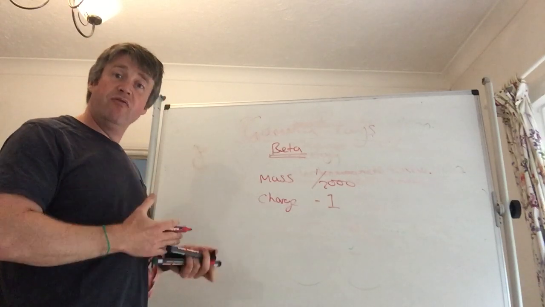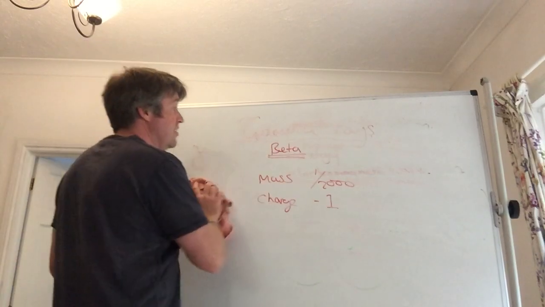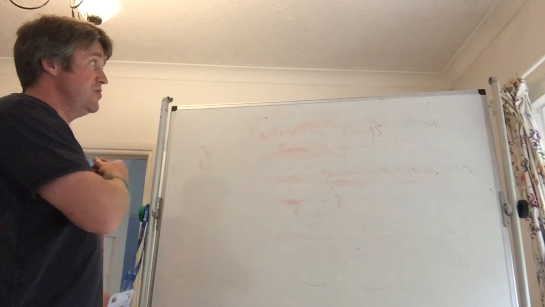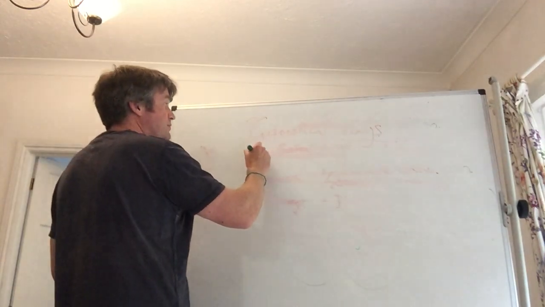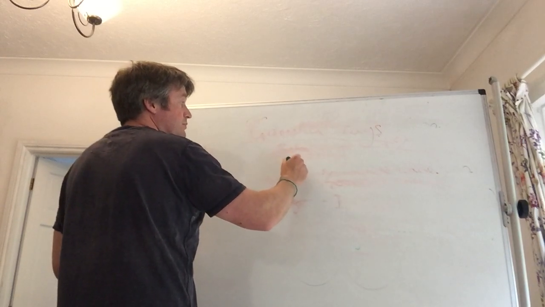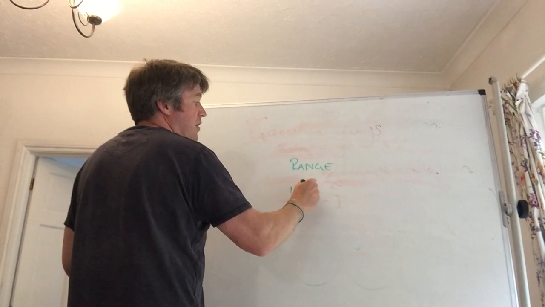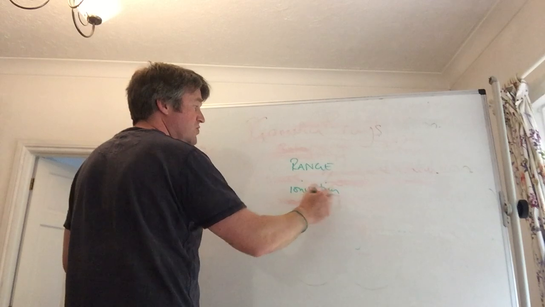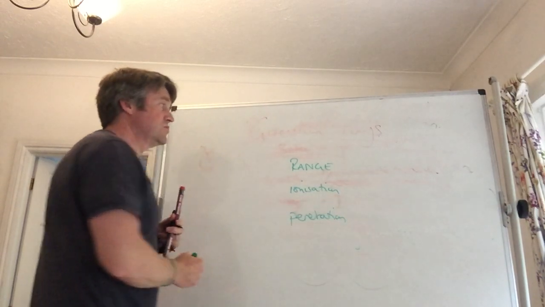So we've got alpha, beta and gamma. Now the key thing with exam questions is being able to put those ideas about range, the range of the particles, the ionisation caused by the particles, and the penetration of each of those particles.